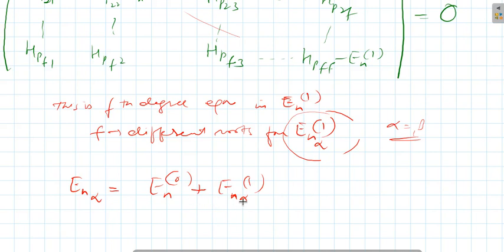So if it has F values, the total energy will split into F different levels.